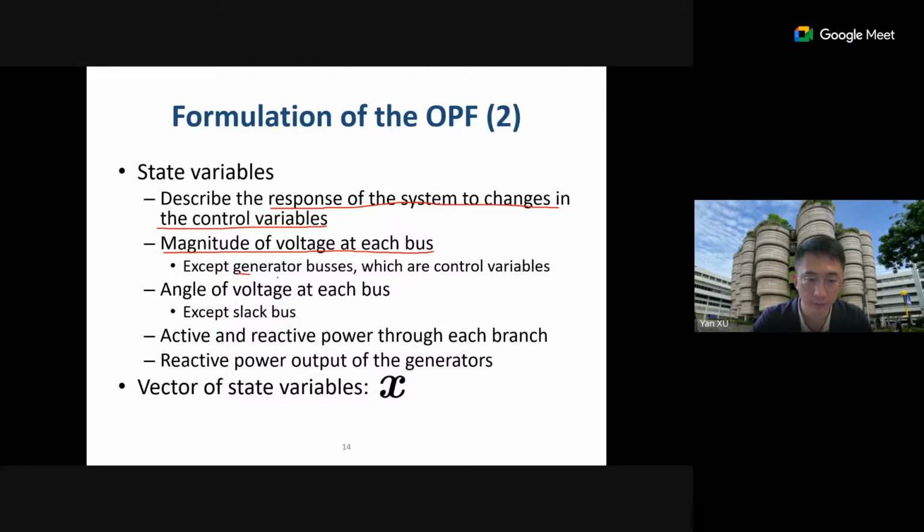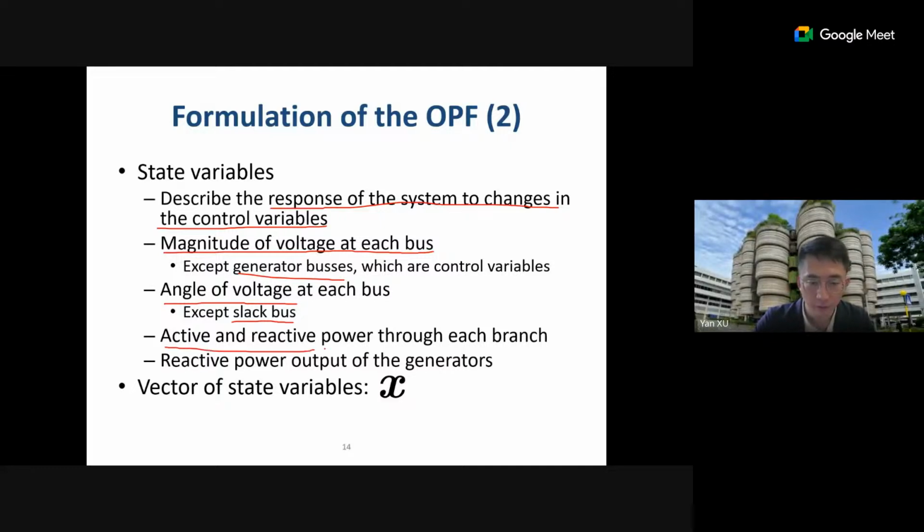However, note that for a generator bus we can change its voltage setting, right? And the angle of the voltage, this value certainly cannot be directly optimized either. We cannot change the phase angles of each bus, except for the slack bus. In the power flow model, for the slack bus we have V and theta to be set.